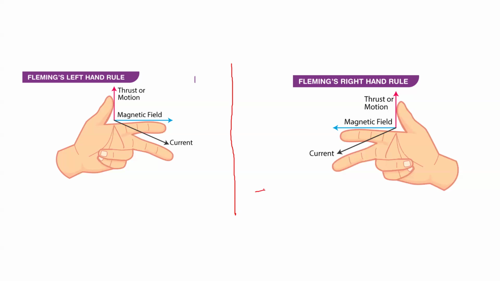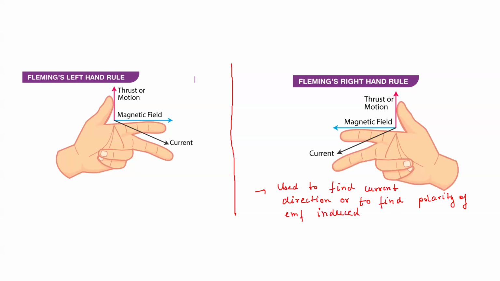Fleming's right hand rule is used to find the current direction, or to find the polarity of the EMF induced, when a conductor is moving in a magnetic field.